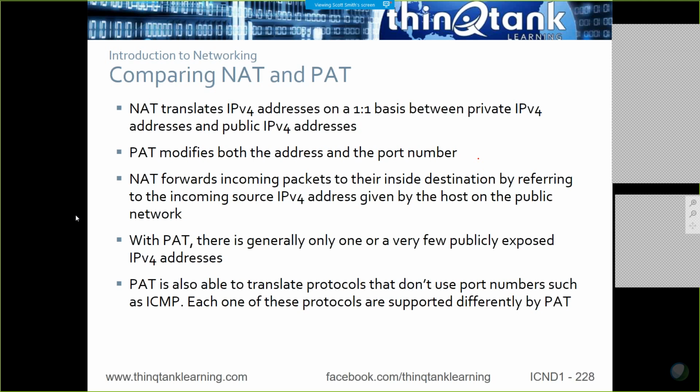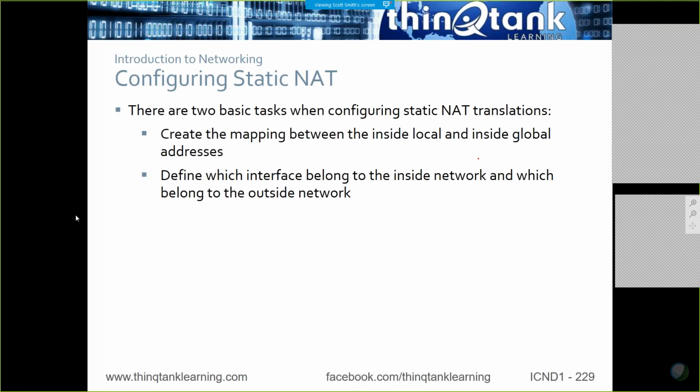What they mean is there's generally only one address for every host on the inside. That's what they're referring to there. All right. When we see the configuration, it will make a little bit more sense as we start to go through the configuration of each of these.